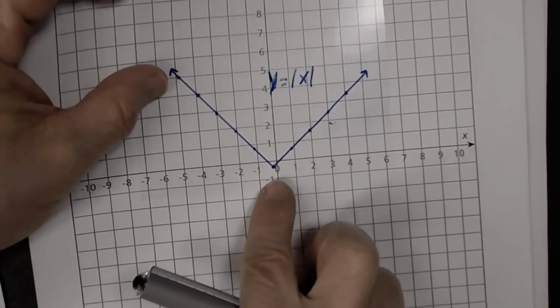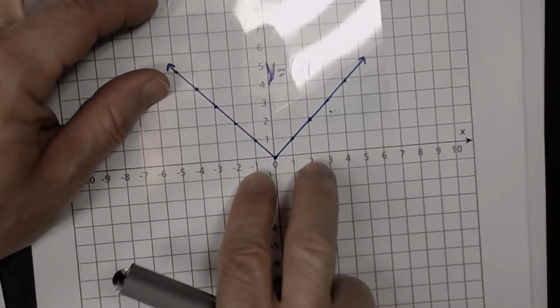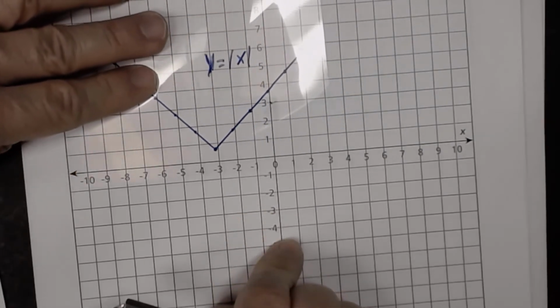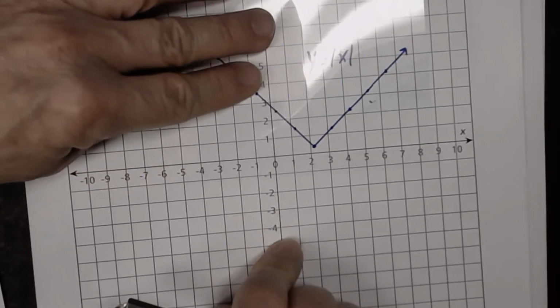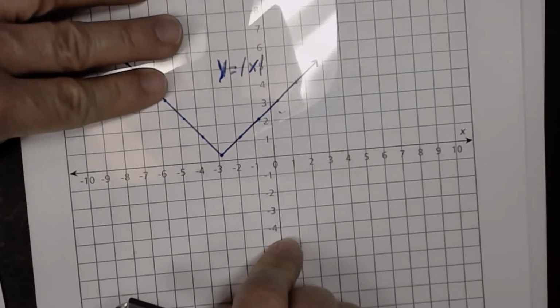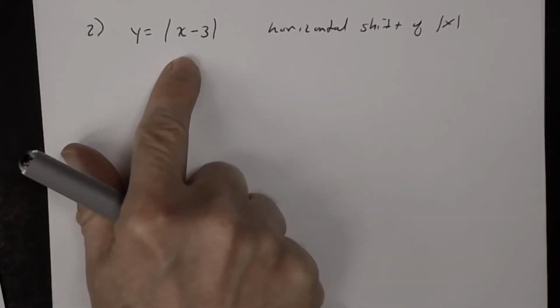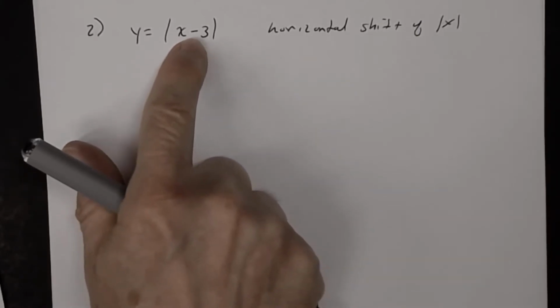So here's my vertex right here for the absolute value of x. Am I going to go to the right 3 units or to the left 3 units? Counterintuitive. See that negative 3? Think the opposite. Positive 3. So you can go to the right 3 units.